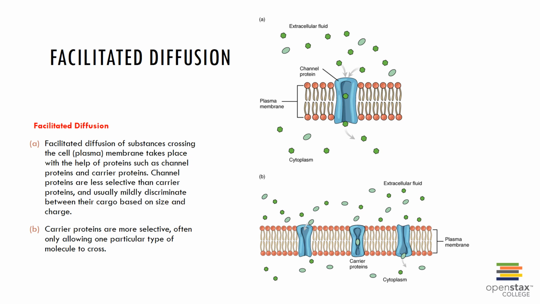And another important concept to note is they are saturable. The rate is determined by the number of carriers or channels. If you only have 3 carriers or channels, then at any one time you can only get 3 substances across. And the binding of the substrate causes a change in the shape of the carrier, thereby allowing it to cross the membrane, as you can see in the diagram.